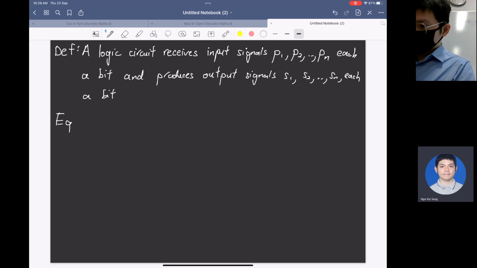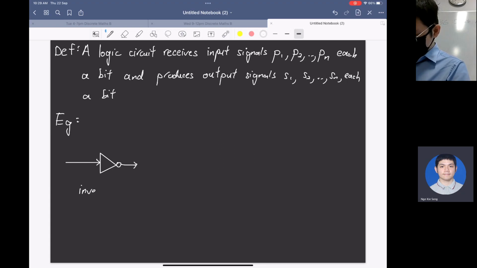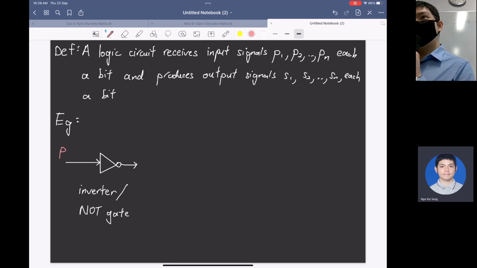The thing you need to know is the shape of each gate. Okay, let's see. So this is called an inverter or a NOT gate. If you input P, what do you get? Guess. What's the output of a NOT gate?